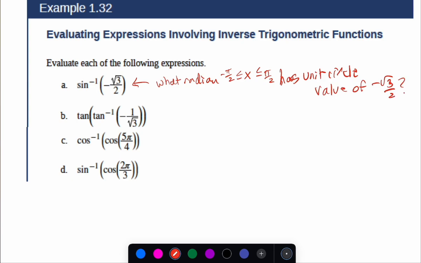Now, what's great is if the answer is negative, you know our thing is negative. So you just have to think, where is the sine square root of 3 over 2? Well, the sine is square root of 3 over 2 at 60, which is pi over 3. So this is just negative pi over 3.